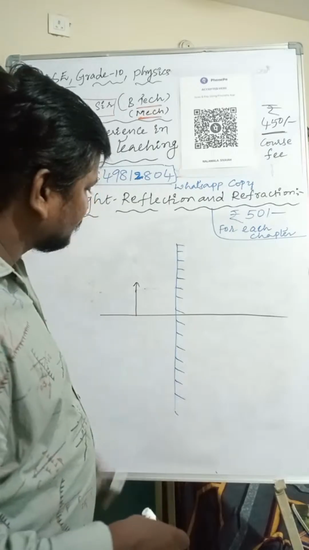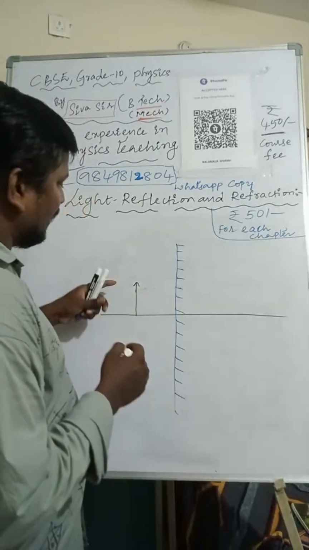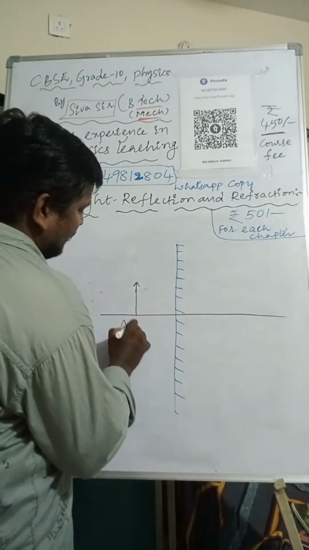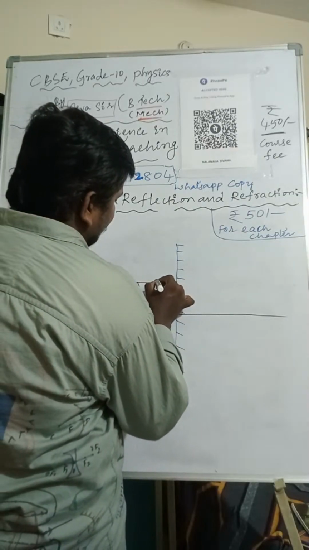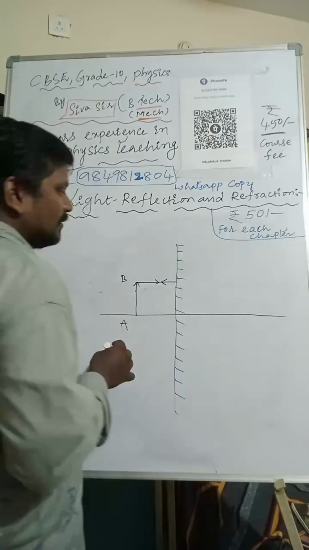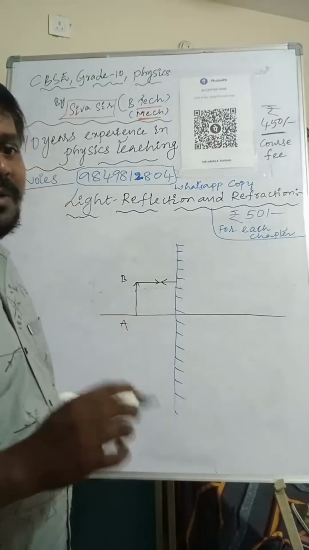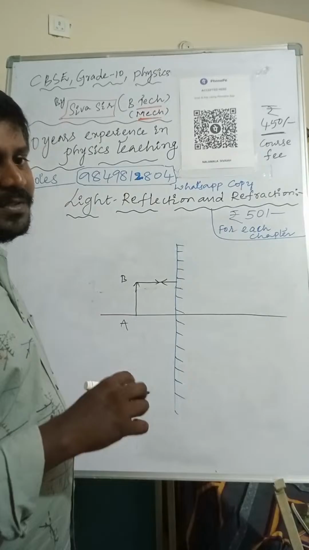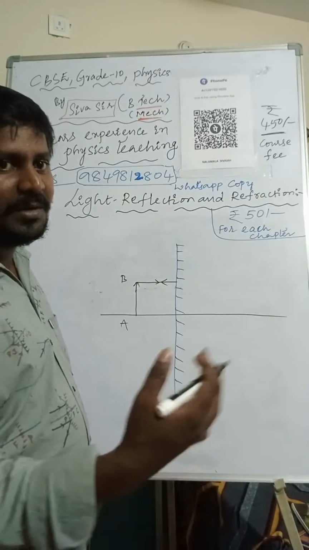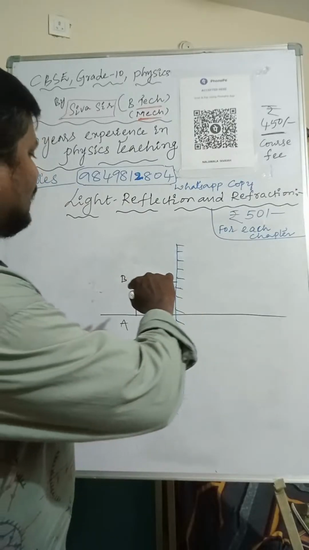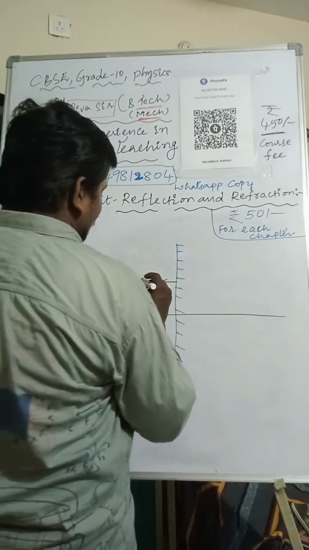So this is the object. I'm considering A, B. One light ray I'm taking like this. How many light rays are required to form the image of the object? Minimum 2 light rays. So I'm taking one light ray, and another light ray I'm considering like this.